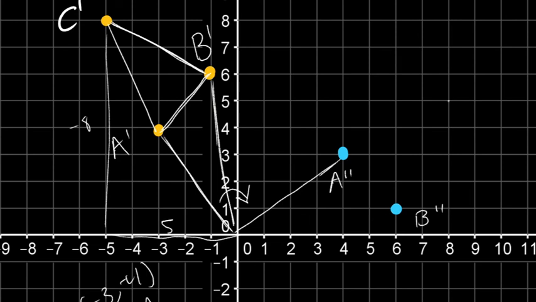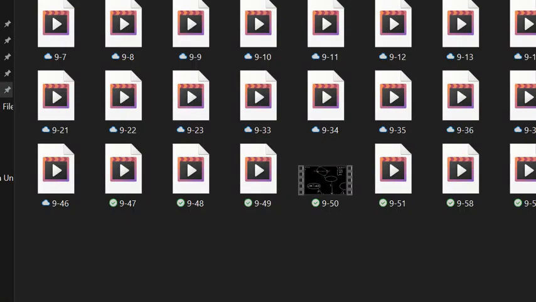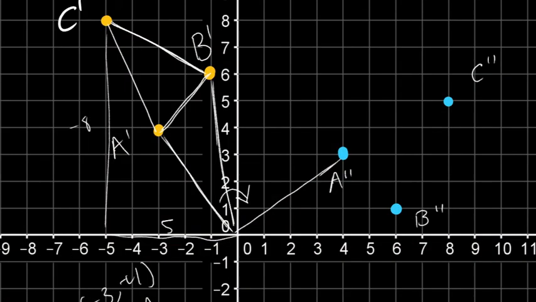There we go. That point I'll mark with blue. That is the location of C double prime. So this is our new triangle after this second transformation, a rotation around the origin.